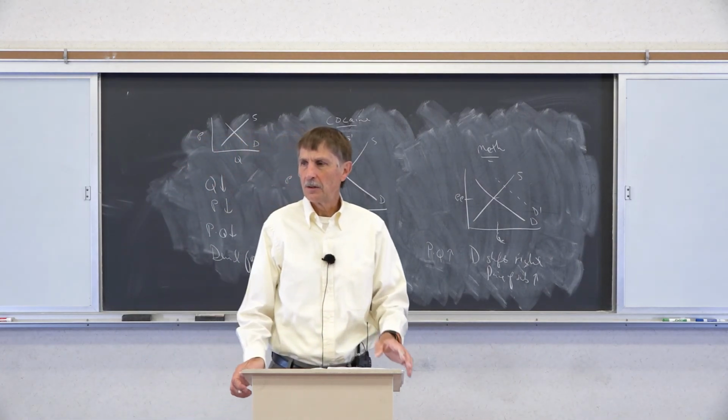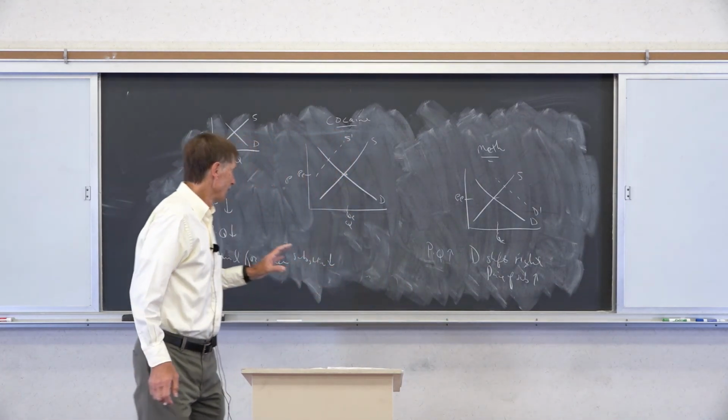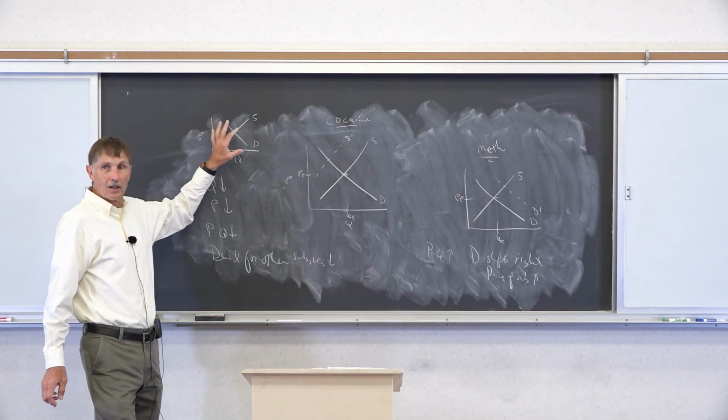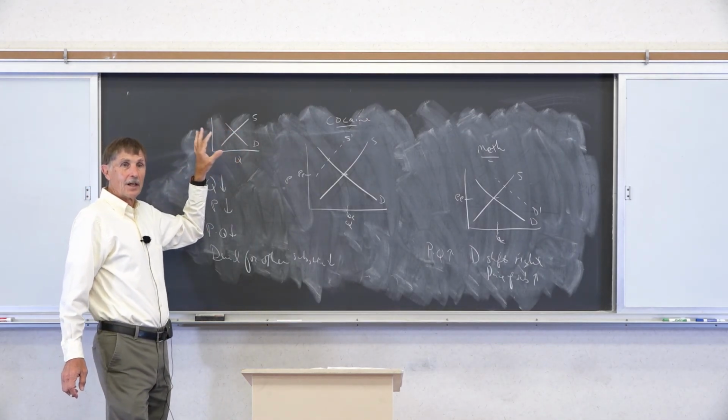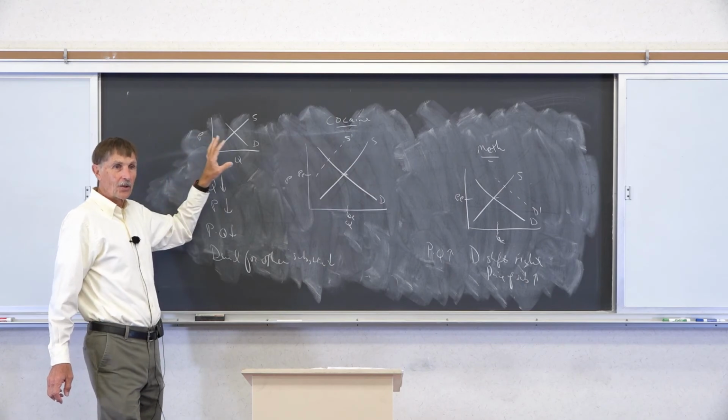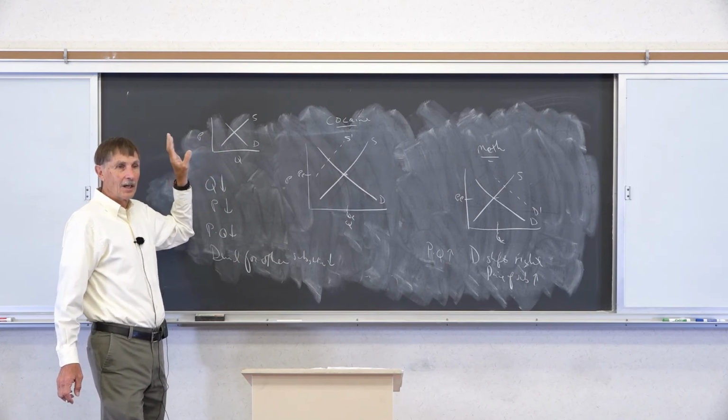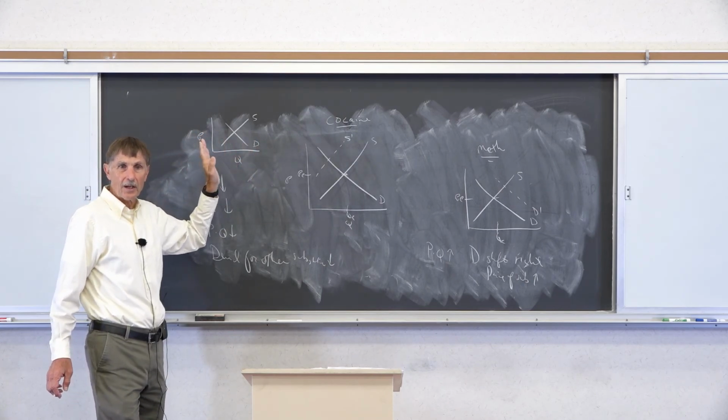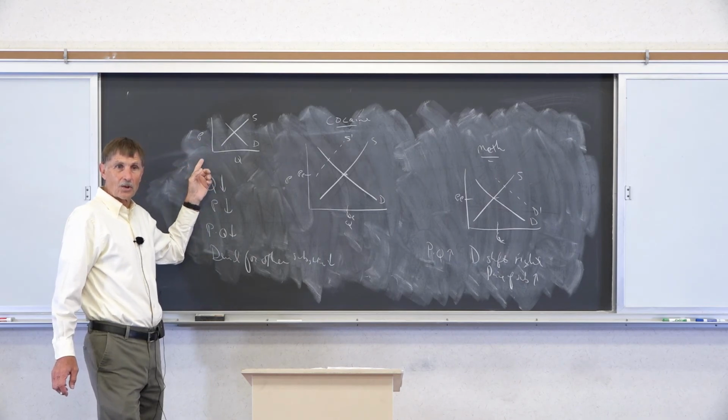What should I do here? If I'm looking at this graph, what should I do if I want P to go down, Q to go down, P times Q to go down, and the demand for substitutes to shift to the left? Which curve should I change?